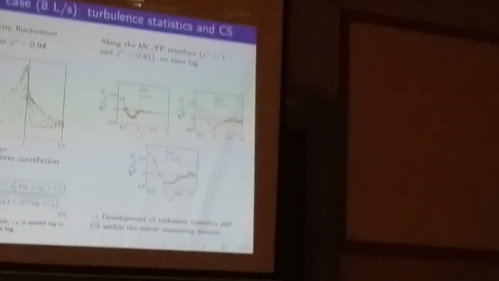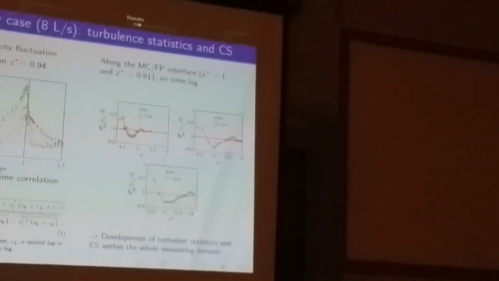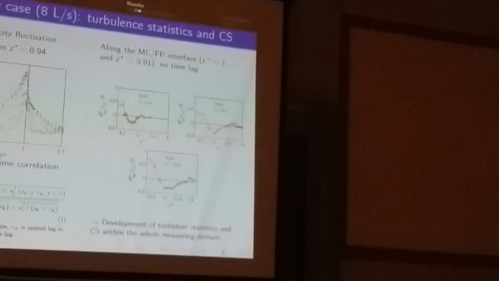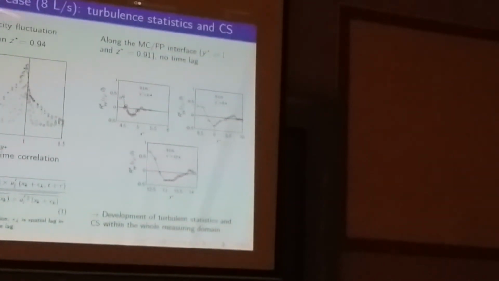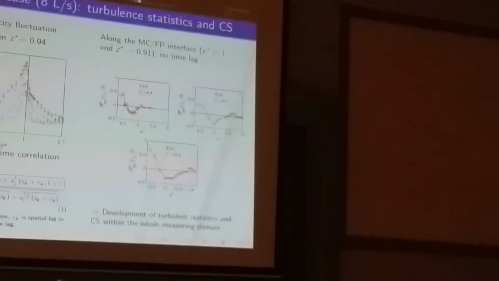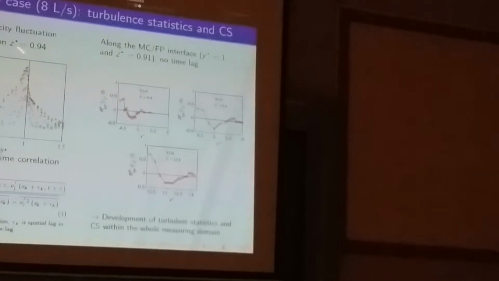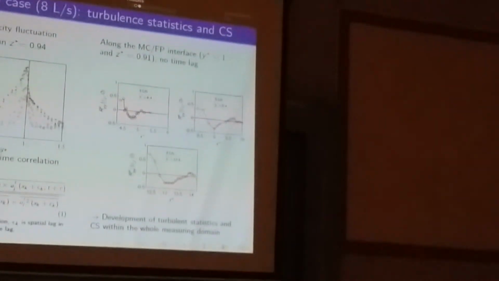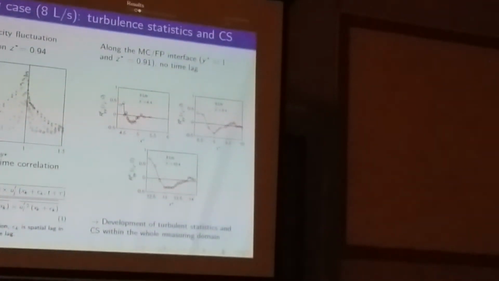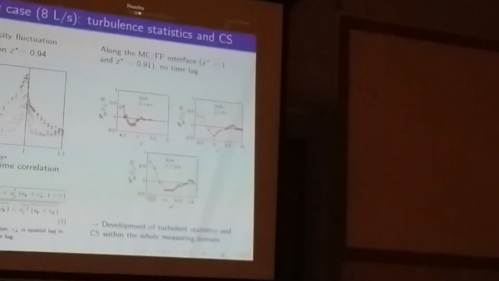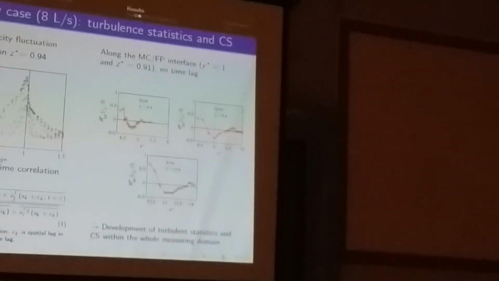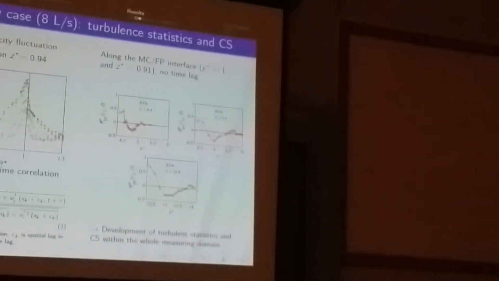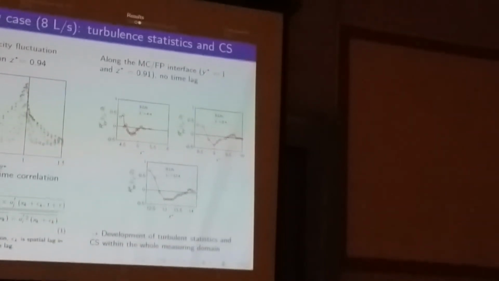So regarding the turbulence statistics, this is the same thing. Look at this first plot. I will present you the following after. This is the fluctuation. u prime is the fluctuation in time of the streamwise velocity, and v prime is the fluctuation in time of the transverse velocity. We also call it the turbulent intensity.